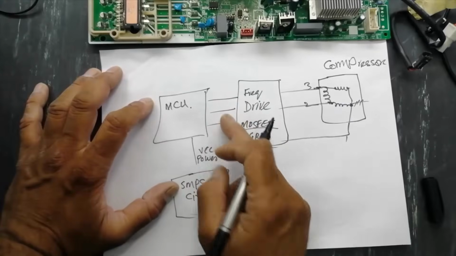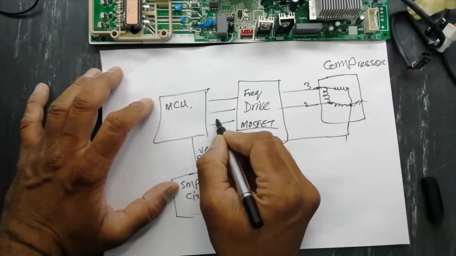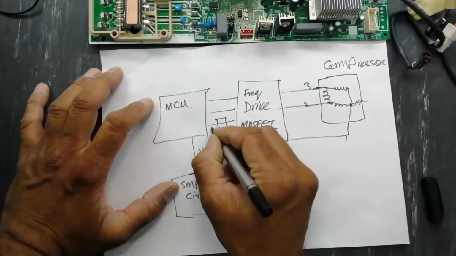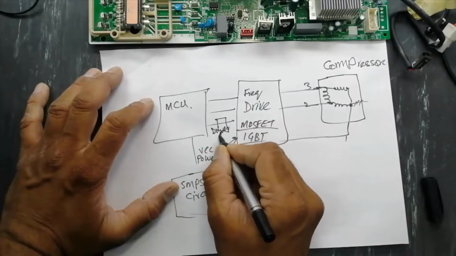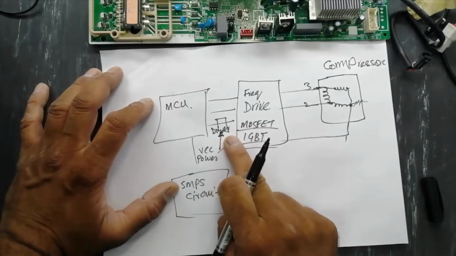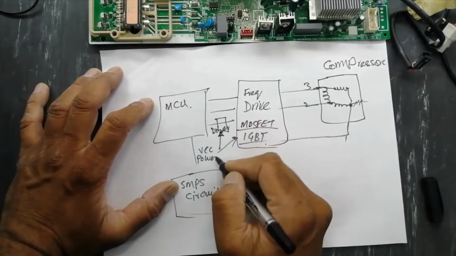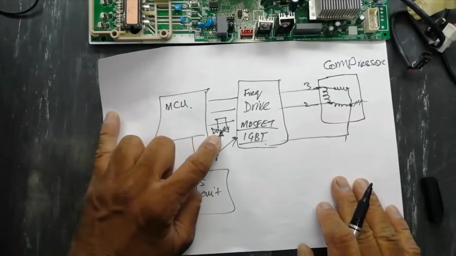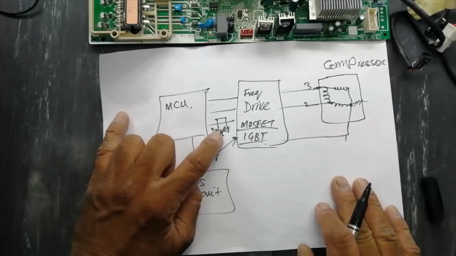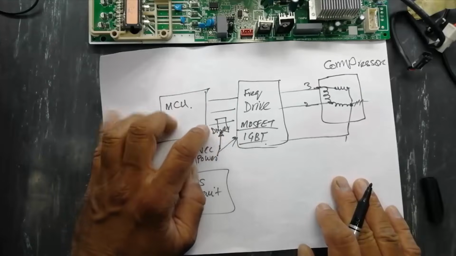In between, there is the IGBT driver, which needs some voltage too. Some IGBT drivers are 6 volt or 8 volt operated, and some are 18 volts.